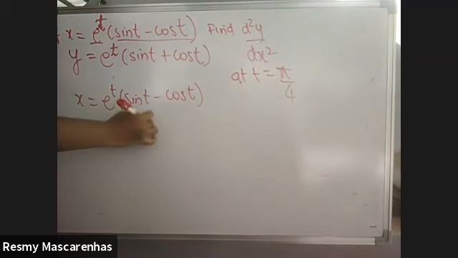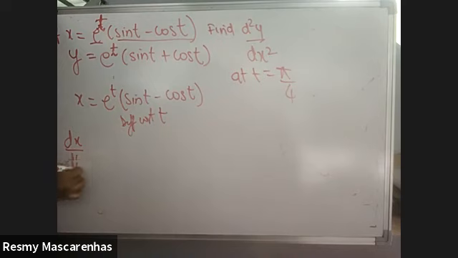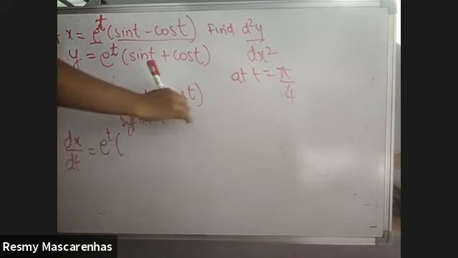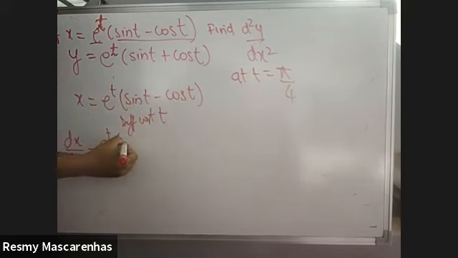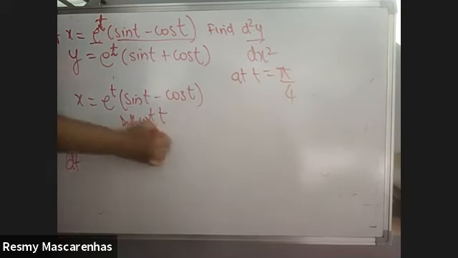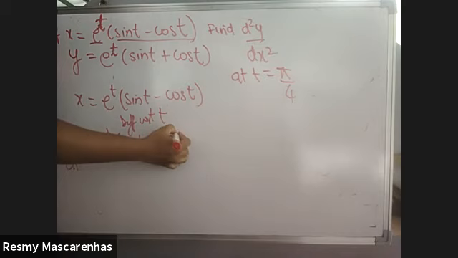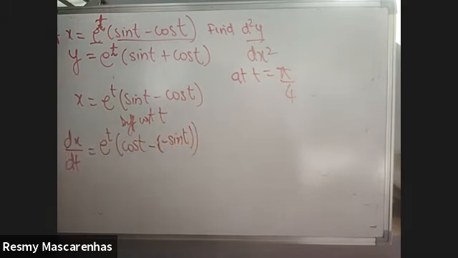So differentiate with respect to t. So dx upon dt will be u into derivative of this. So derivative of sin t will be cos t. Already minus is there. Derivative of cos t is, you can directly write plus also, derivative of cos will be minus sin t.